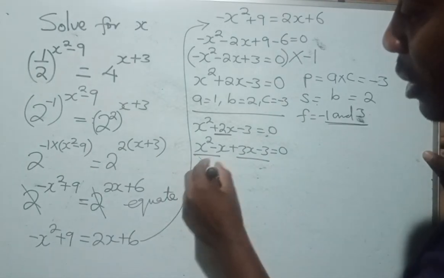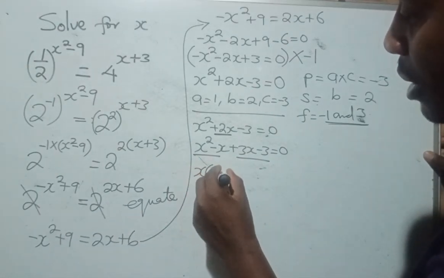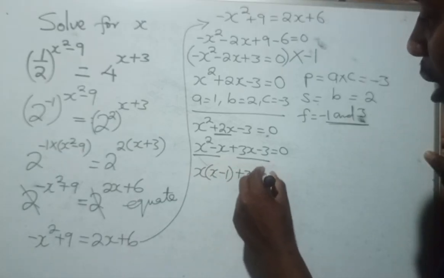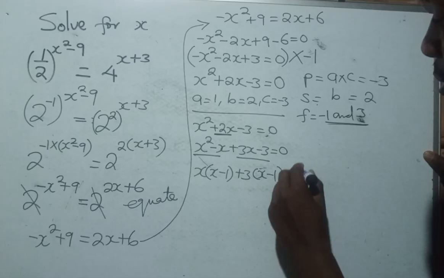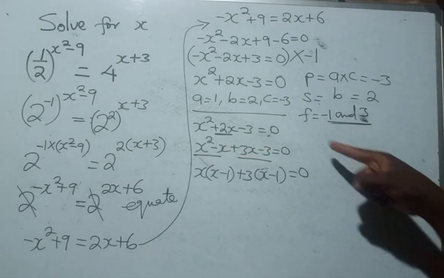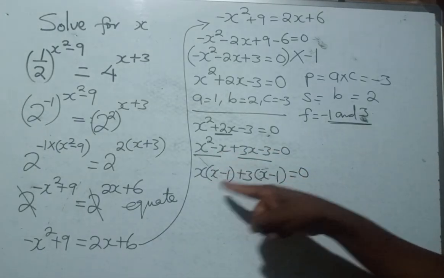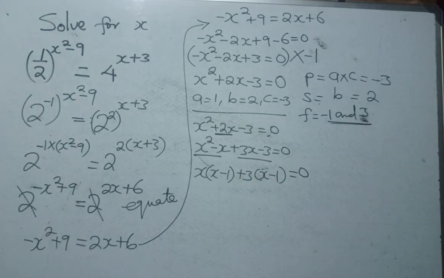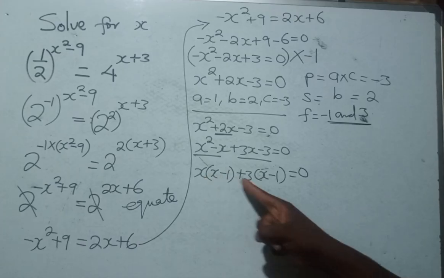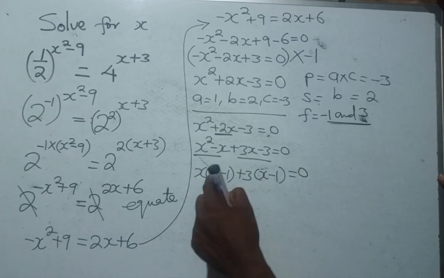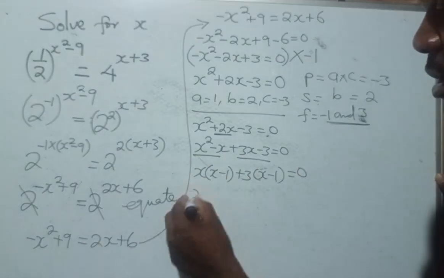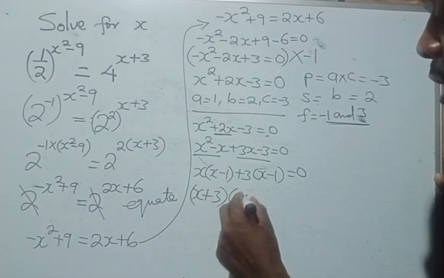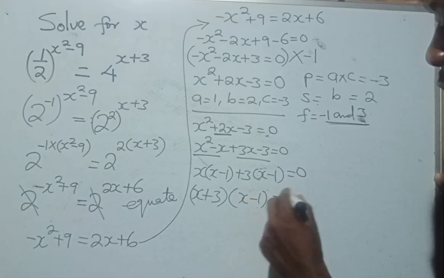We shall have x(x − 1) + 3(x − 1). We are having the same terms in the bracket. Since we have the same, we just pick one and factor out the numbers which are outside the brackets. So we shall have (x + 3) and the other one shall be (x − 1) = 0.